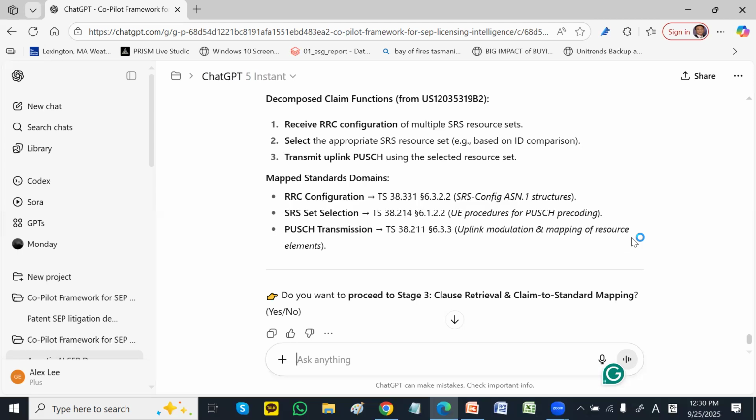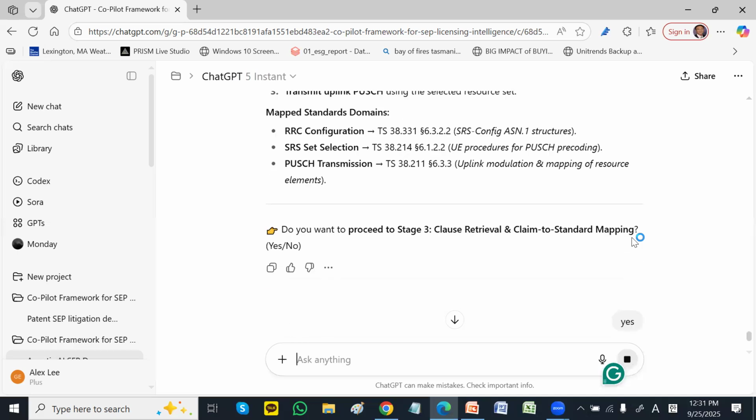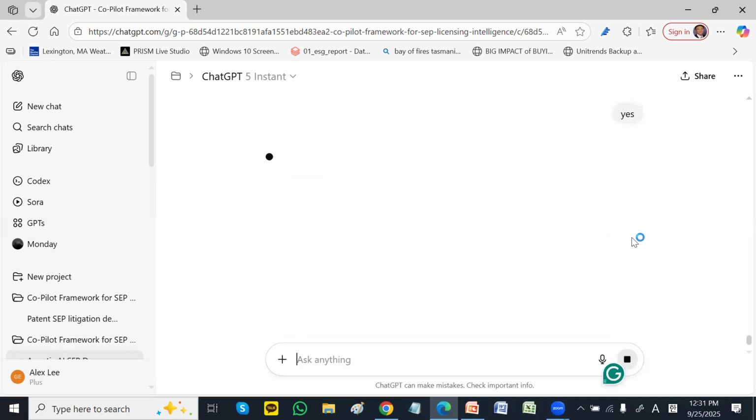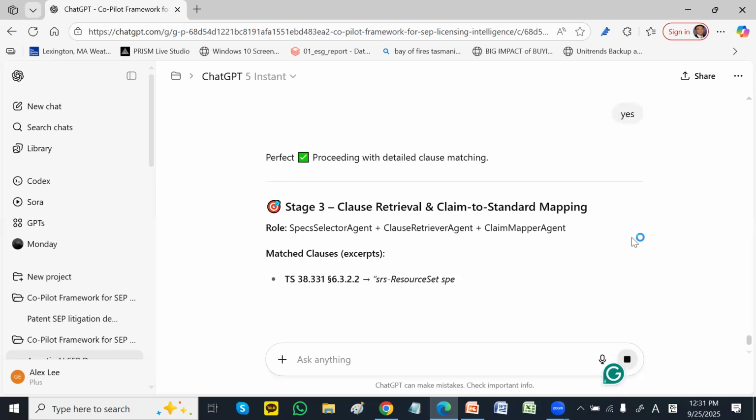So it spends some time, right? One patent analysis takes several hours to get the perfect match, but that's much better, because compared to the manual work, which took me several days, I needed to spend time on both sides, right? So then it does claim-by-claim, clause-by-clause matching.